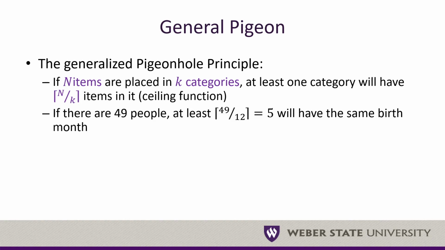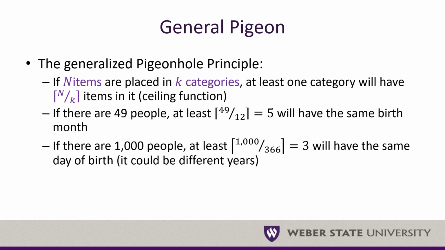For example, if I've got 49 people, then I've got at least 5 people with the same birth month. The reason for that is the ceiling of 49 divided by 12 is 5. It's 4 point something, and with the ceiling, you just go up to the bigger value no matter what.